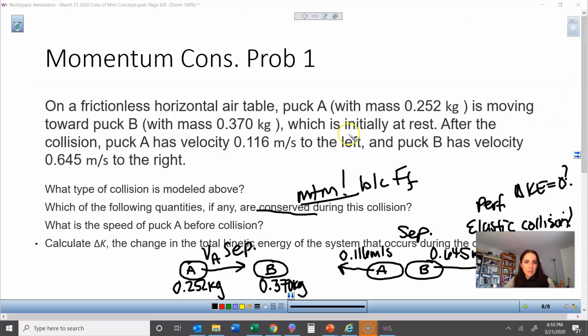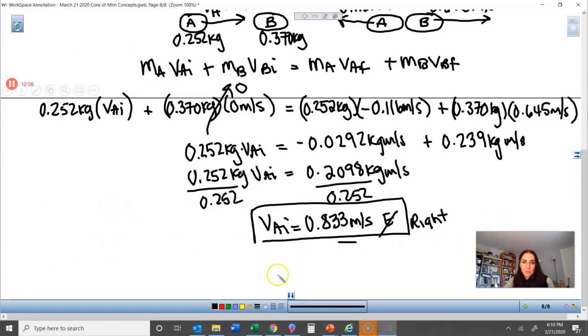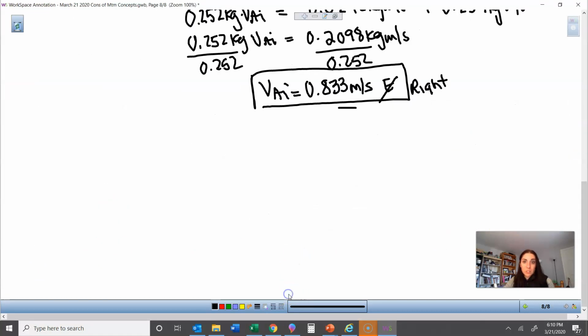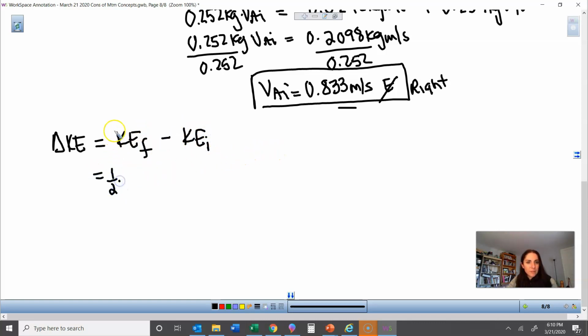But now it says calculate the change in kinetic energy. So this will actually just determine if it's perfectly elastic and not just regular elastic, right? So the change in kinetic energy is basically the final minus the initial, 1/2 the sum of the final minus the sum of the initial.